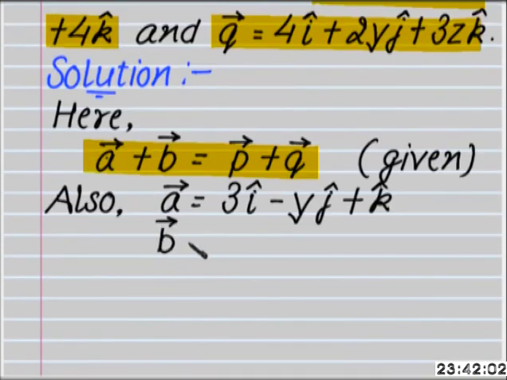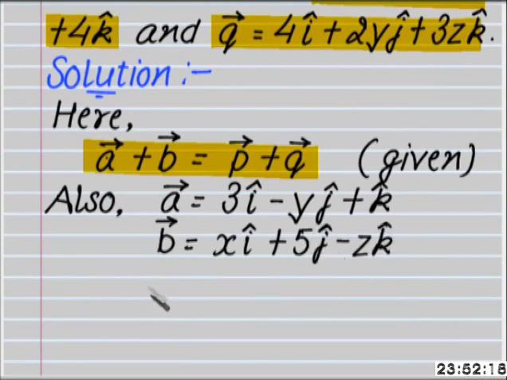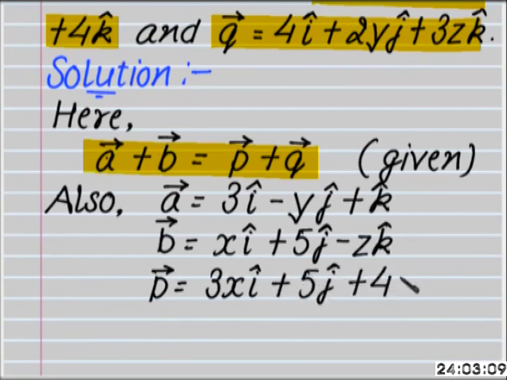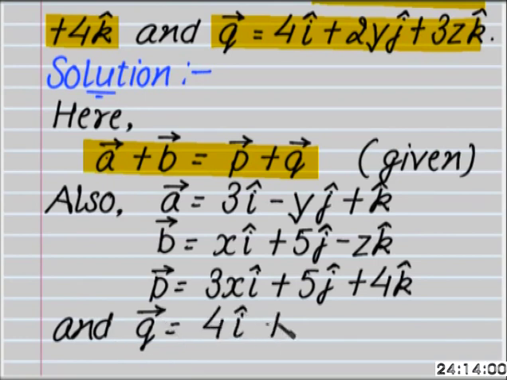Vector b is equal to x i cap plus 5 j cap minus z k cap. Vector p is equal to 3x i cap plus 5 j cap plus 4 k cap and vector q is equal to 4 i cap plus 2y j cap plus 3z k cap.